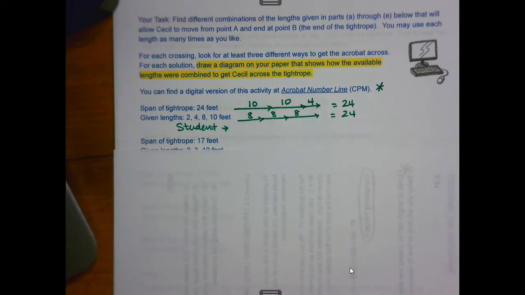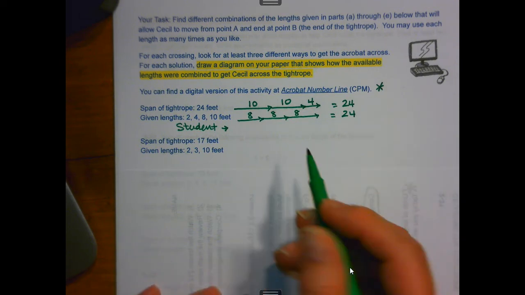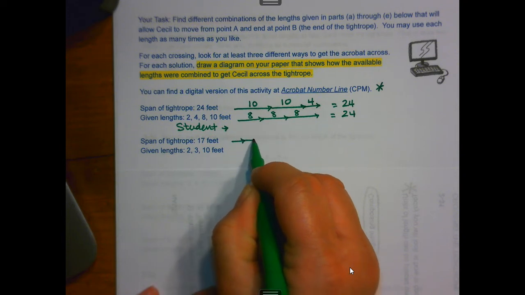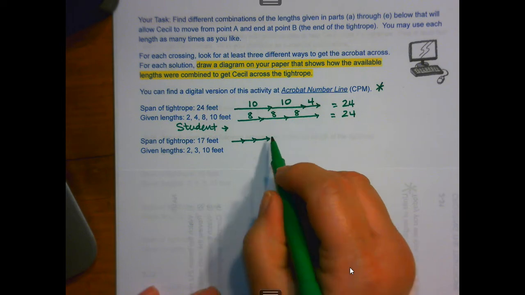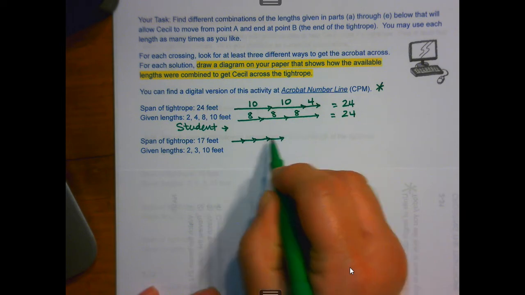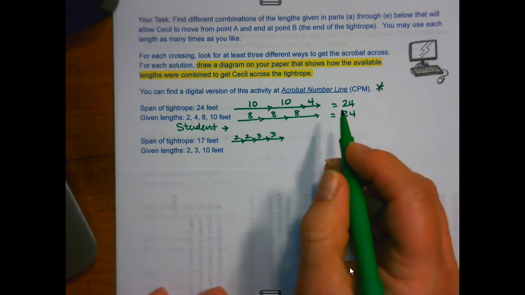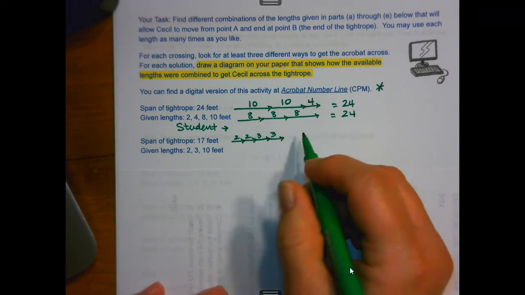The next one is 17 feet, and we can use 2, 3, and 10. I'm going to use a 2, another 2, 3, another 3. So I've got 2, 2, 3, 3, and that makes 10.